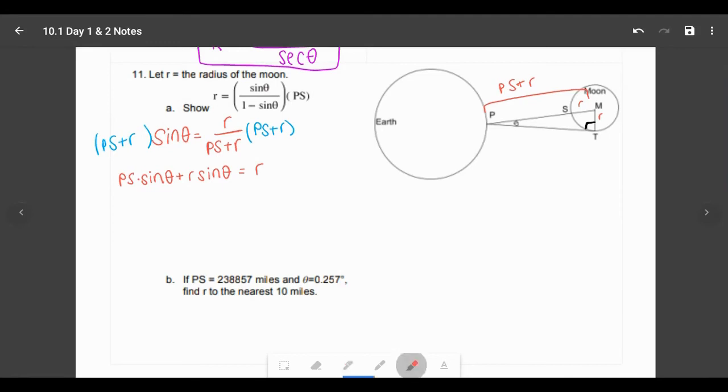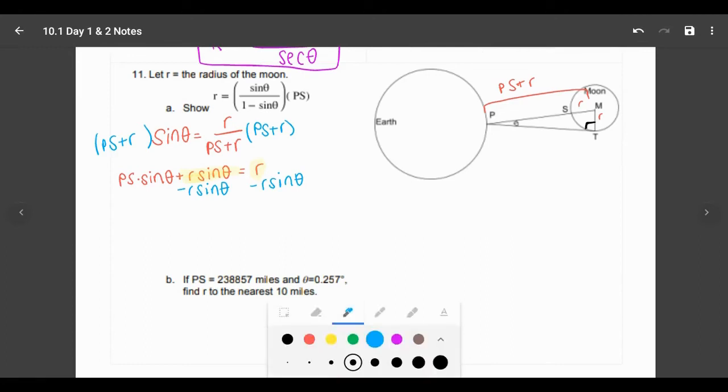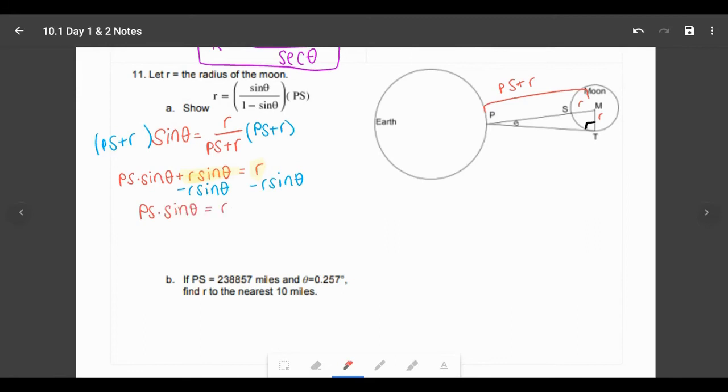Now from here, like a few problems we did a while ago, I have one term with an r and a second term with an r. Get all of those r terms on one side so that we can end up factoring r out. And so what that looks like now, we have PS times sine theta equals r minus r sine theta.